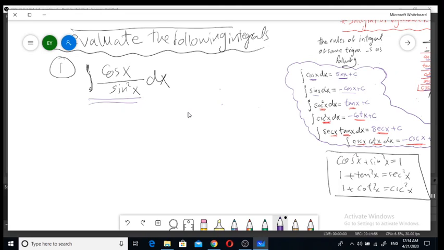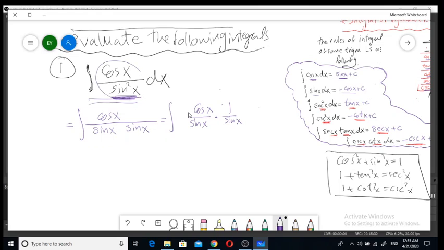The integration of cosine x over sine squared x, we can convert sine squared x to sine x times sine x. So this expression is equivalent to cosine x over sine x times 1 over sine x.